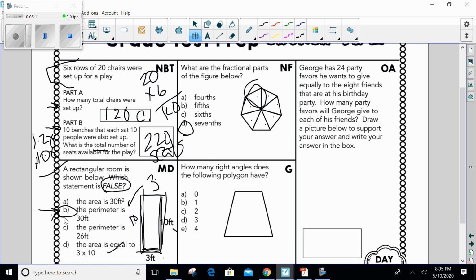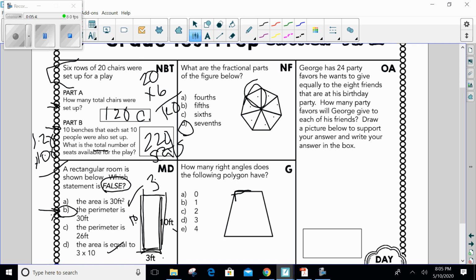The perimeter is 30 feet. How many right angles does the following polygon have? Now look at that. A right angle is 90 degrees. Would a piece of notebook paper fit into any one of those angles?